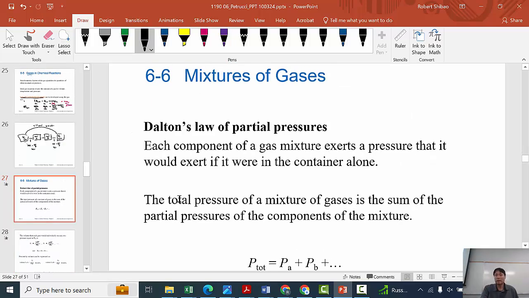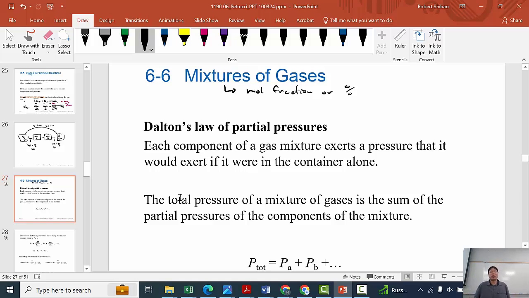Now we're going to be looking at mixtures more thoroughly here. We look at different things like mole fraction or percentage. We can go from fraction to percentage by multiplying by 100%, easily.